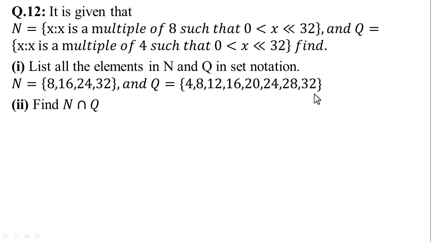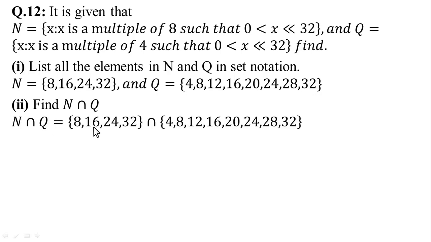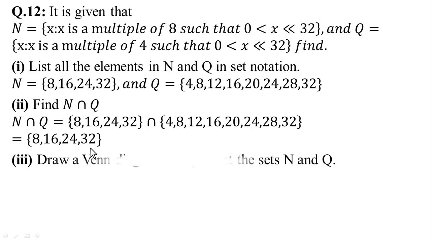Now in the next part, find N intersection Q. N intersection Q is equal to the elements of N intersection the elements of Q. Taking the common elements in both sets, this is equal to 8, 16, 24 and 32.